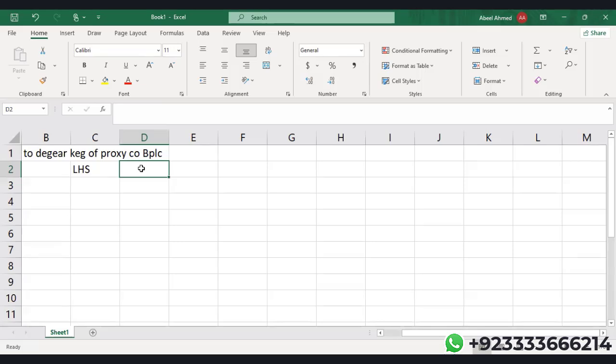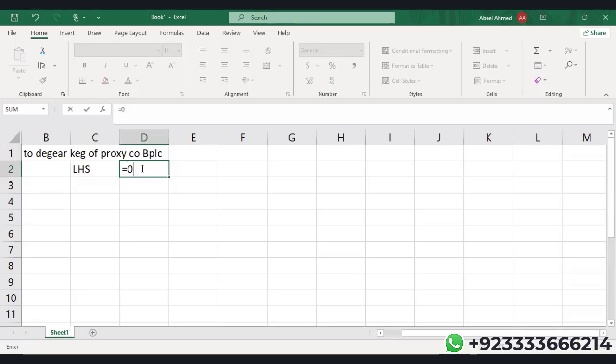Okay. Students, in left hand side, first I have to take KEG. Yes or no? What is the percentage of KEG of proxy company? Can I say it is 14%? It is 14%, am I right?